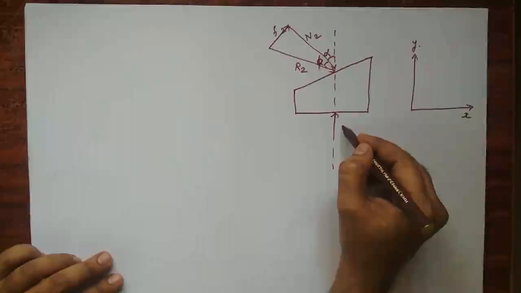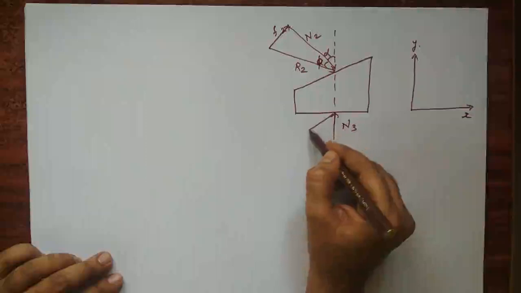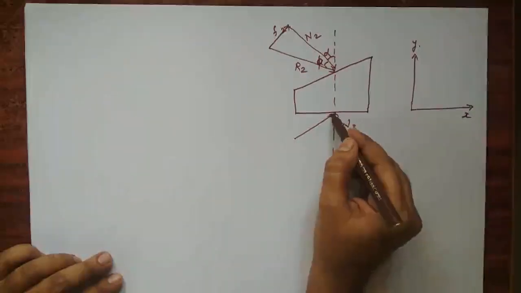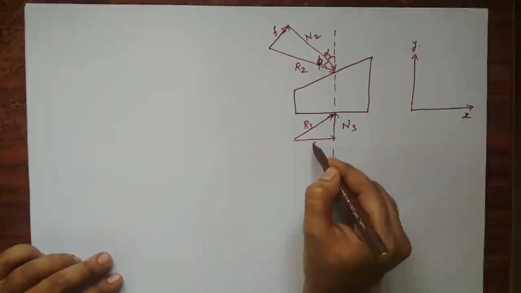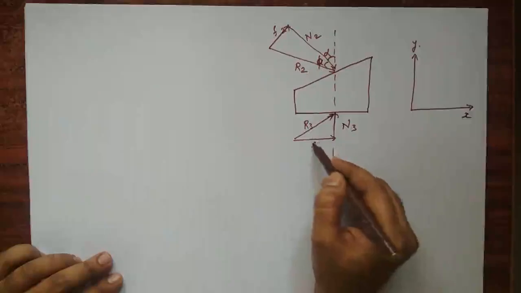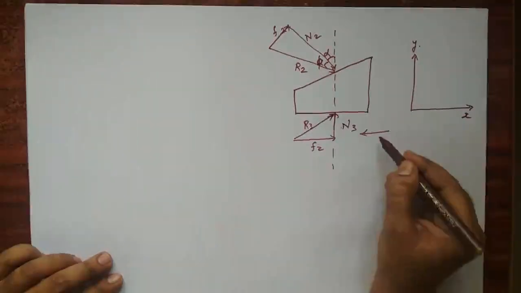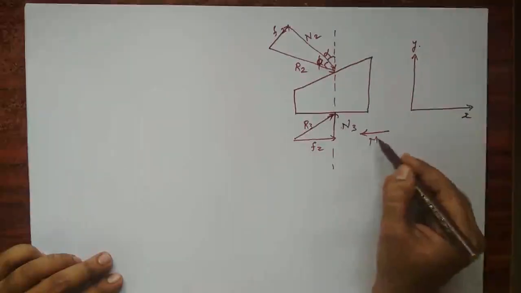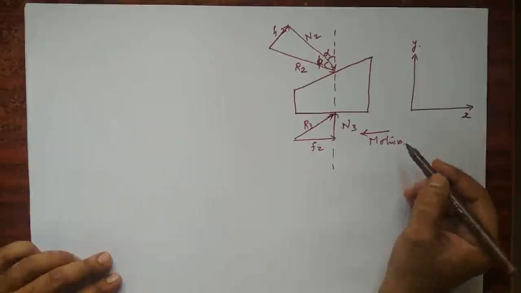So this is N3, and this is R3, resultant 3, and this is my F3. So I am replacing these two forces with R3. The movement of the object is towards left.